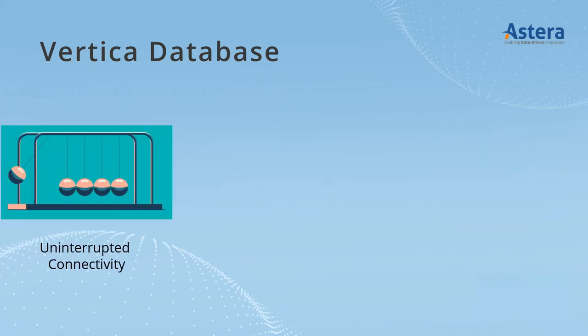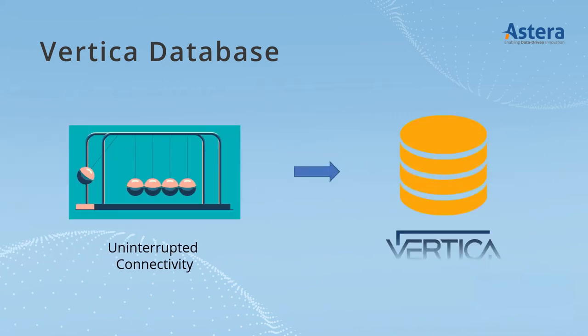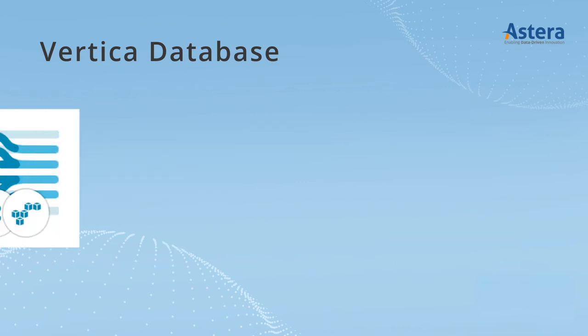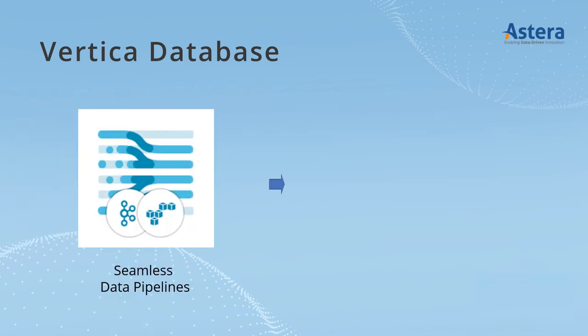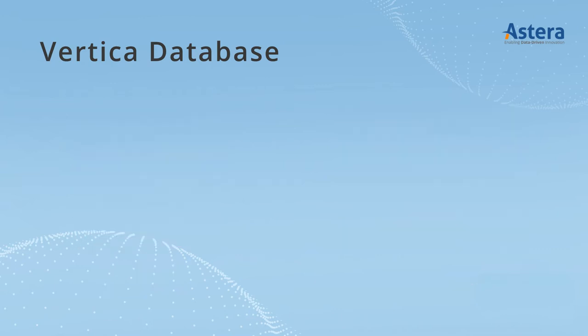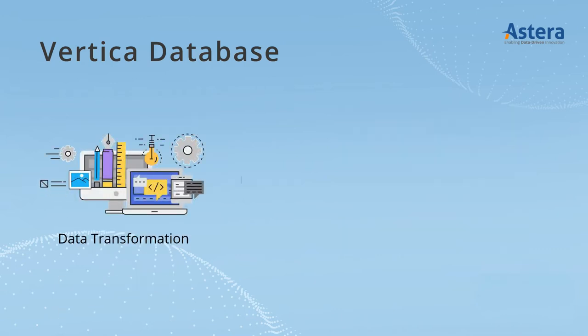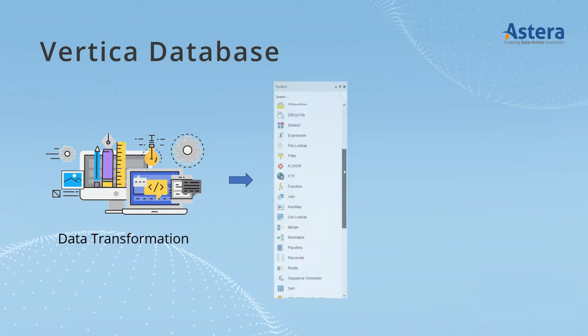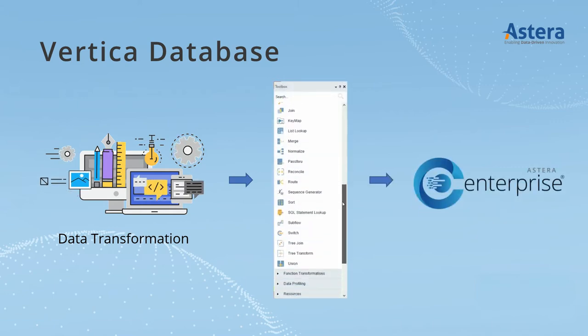This results in uninterrupted connectivity to Vertica databases that facilitates building seamless data pipelines for high-volume data integration and migration scenarios. The data can be transformed through the built-in transformations in Astera Centerprise.